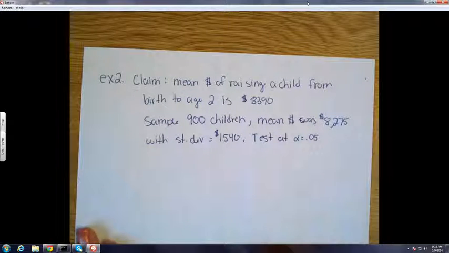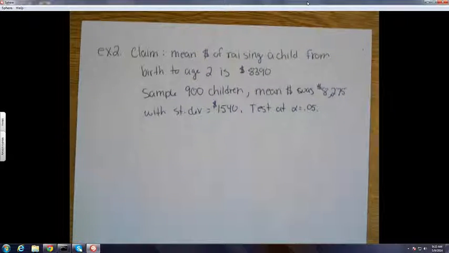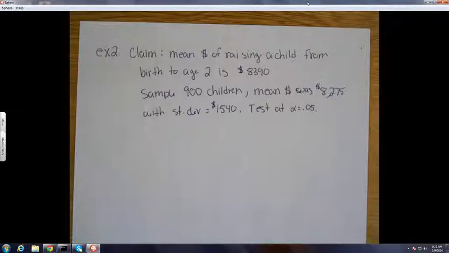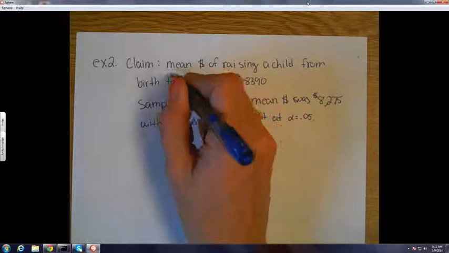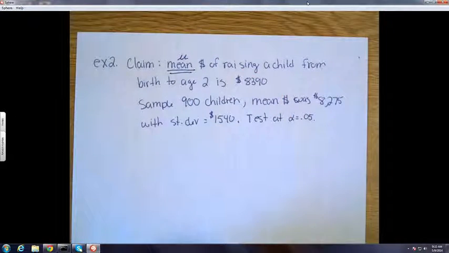Okay, it's a 5-step process for the by-hand ones. What's the first step? Writing those two hypotheses. The claim is about the mean cost. That's mu, so my claim had better have that symbol in it.